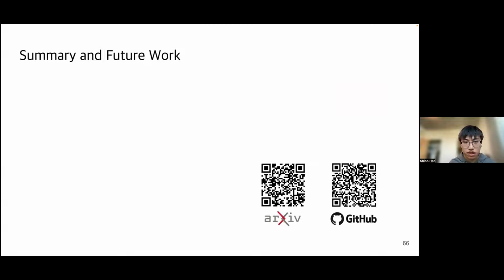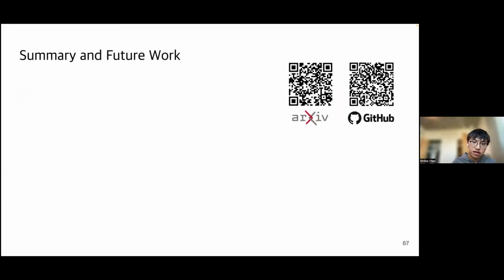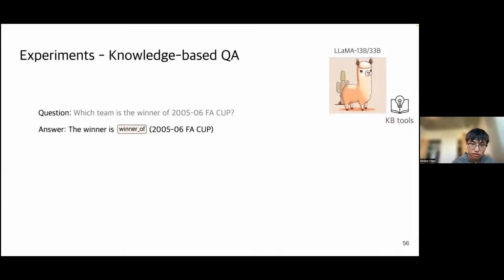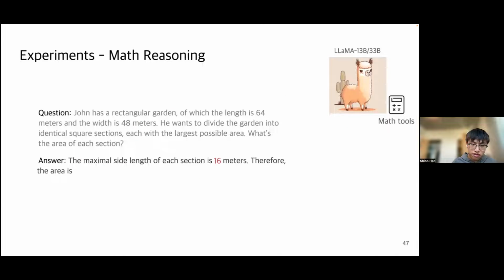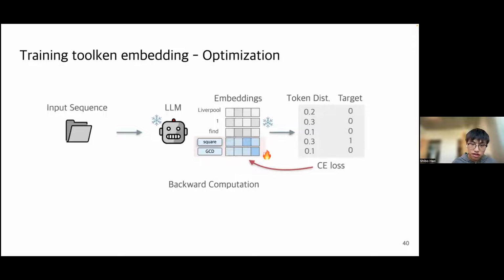Back to how freezing and unfreezing the layers of TokenGPT works. Yeah, that page.